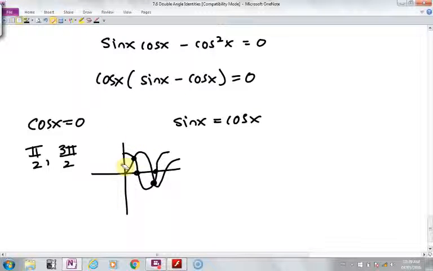Where is sine x equal to cos x in the first quadrant? In other words, which angle has the same value for sine and for cosine? 45 degrees, which is what in radians? Pi by 4. So it's pi by 4 in the first quadrant here.